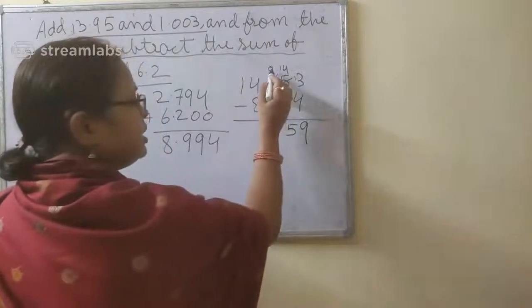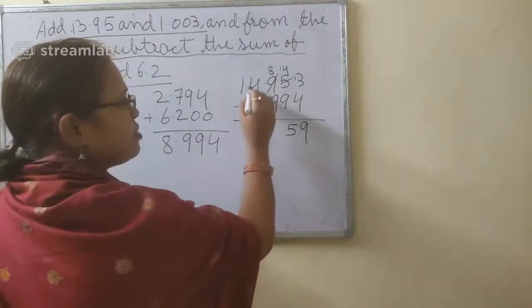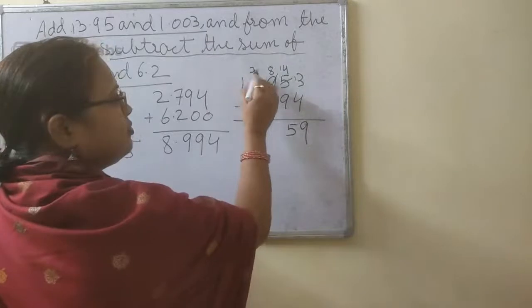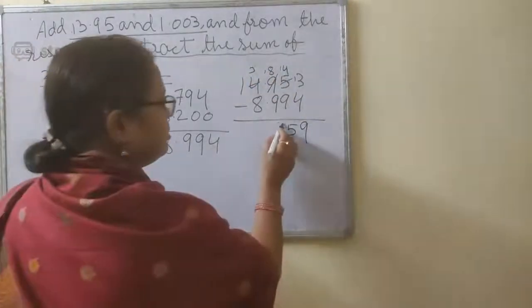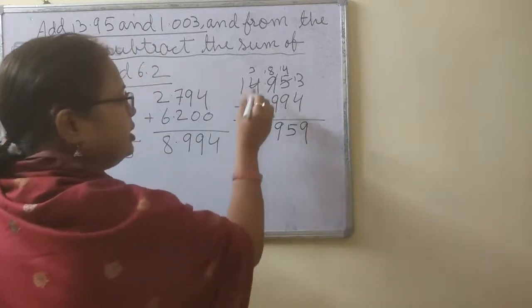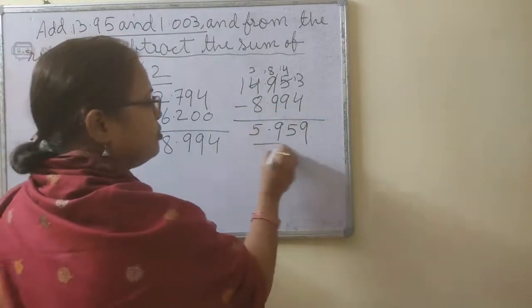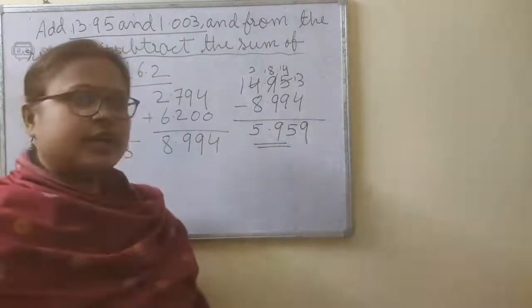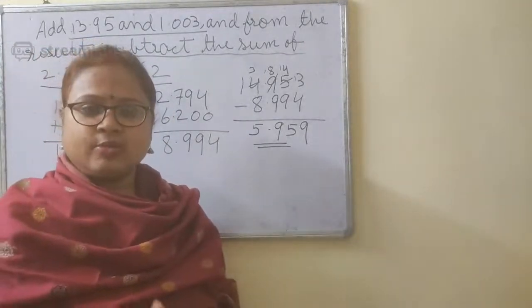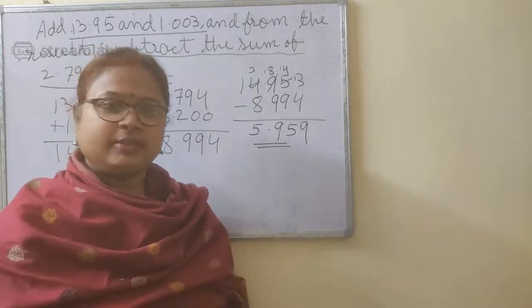Then here is 8. 8 minus 9 is not possible, so we will take 1 from this. It will become 18. 18 minus 9 is 9. Then 13 minus 8 is 5. So the final answer is 5.959. I hope you all have also got the same answer.